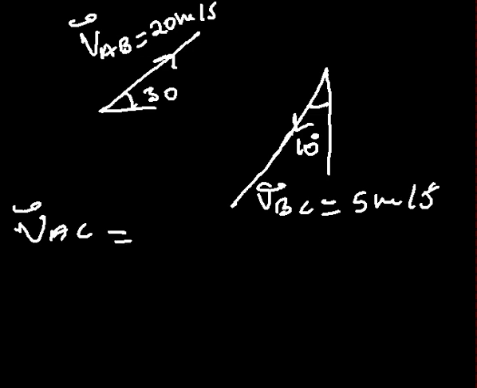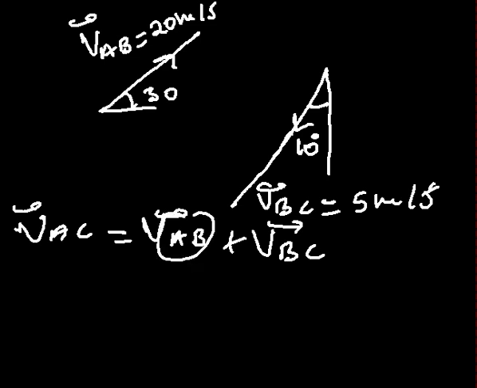Now if we think of coming up with an expression, we'll have VAB plus VBC, like that. And from there we'll have to resolve this into components since it's in 2 dimensions. So make sure you understand vector resolution, and that's the principle we're using here.